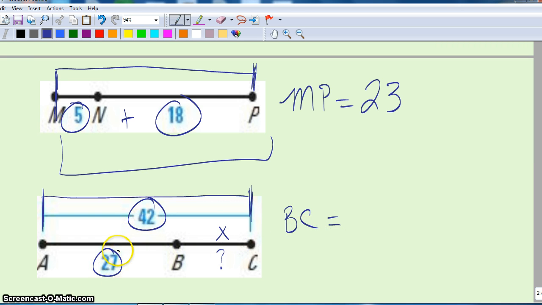Well, would we add these two numbers? No, because 42 is all of it already. Since you have all of it already, you're going to subtract the 27. 42 minus 27 gives you 15. So BC is 15.